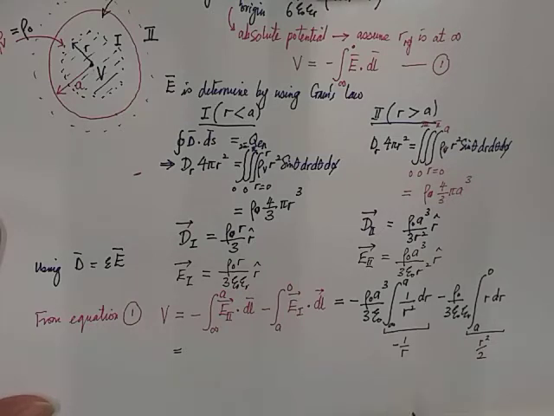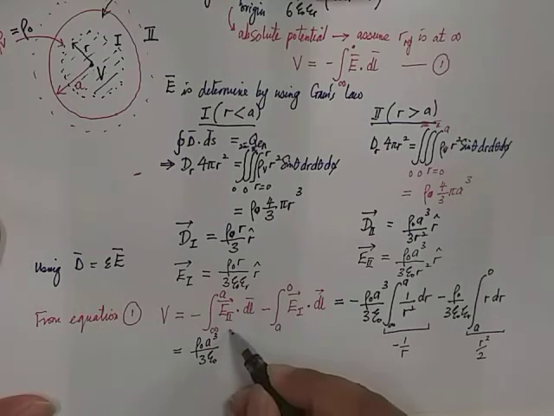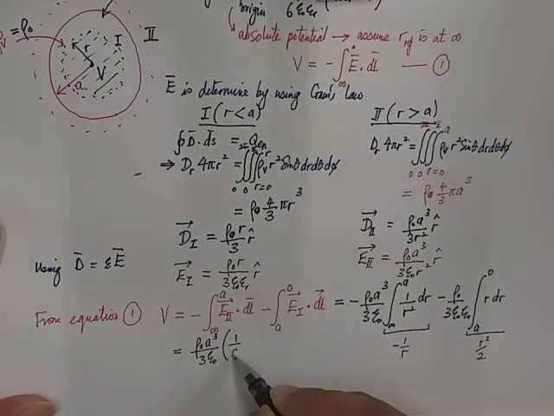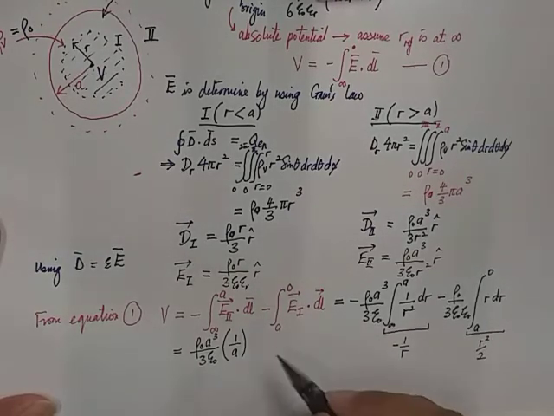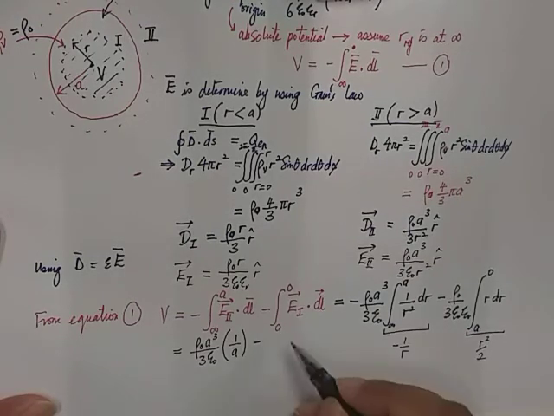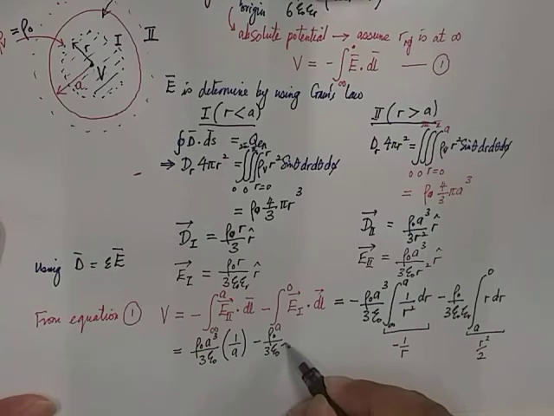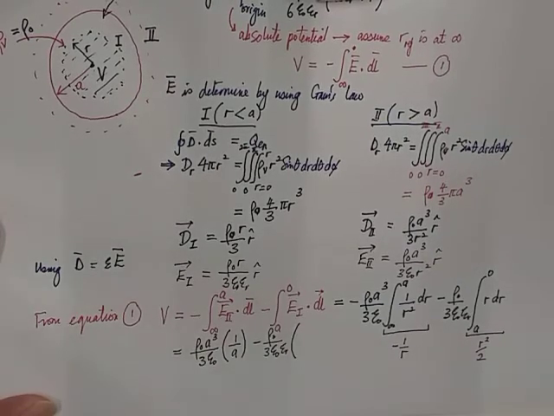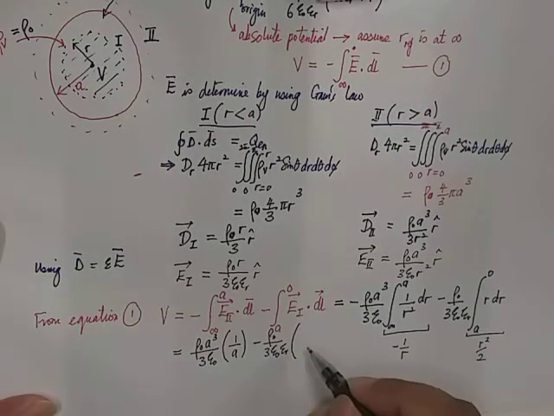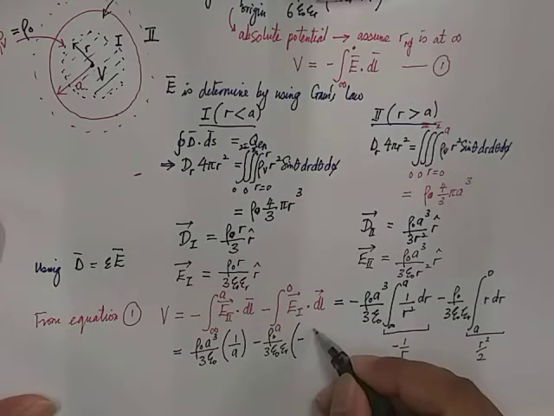It should be rho naught A cube over 3 epsilon naught, then the final solution here should be 1 over A. And then minus rho naught over 3 epsilon naught epsilon r, in brackets, now 0 minus A squared over 2.